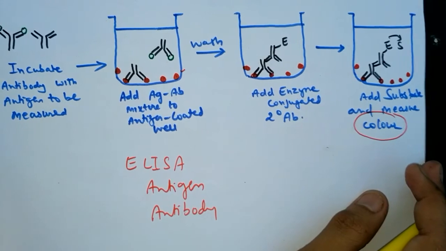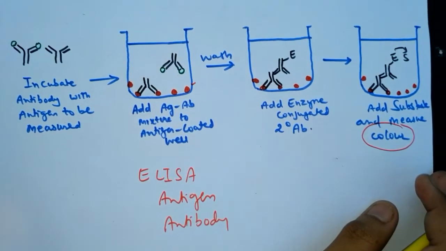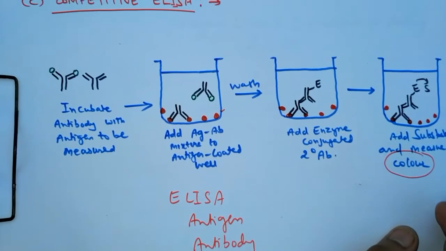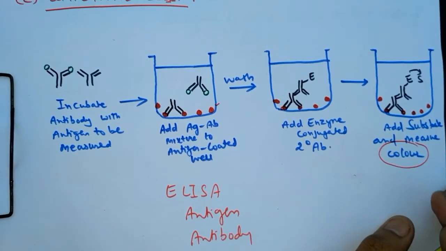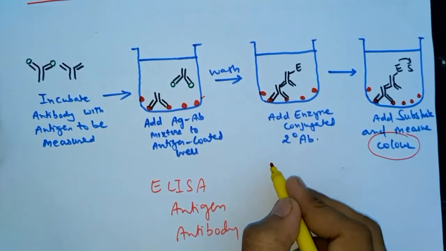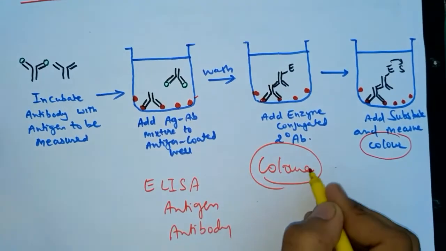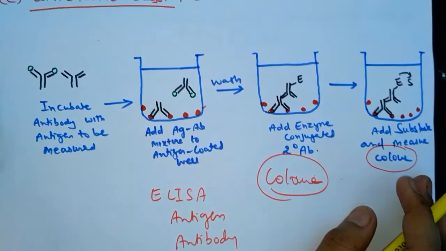We can identify the particular antigen or antibody, and also we can estimate from this immunological technique whether there is infection in our body or no infection. Here is the principle of the color production. The color is the estimation level of antigen and antibody.